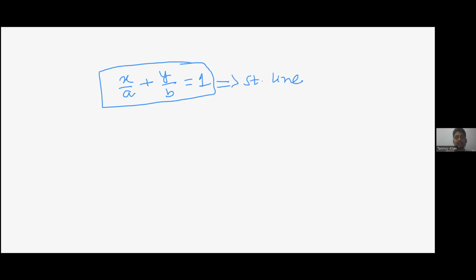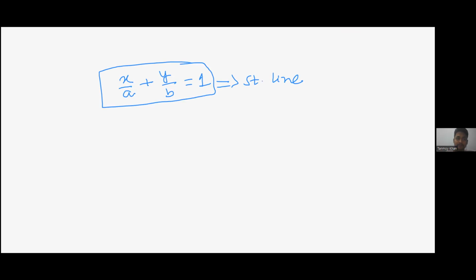Now one more type of equation for a straight line is denoted by x by a plus y by b is equal to 1. If this is the form, that means this is also a straight line. And what is the advantage of this form? Whenever you can write an equation into this, that time it will denote a straight line.